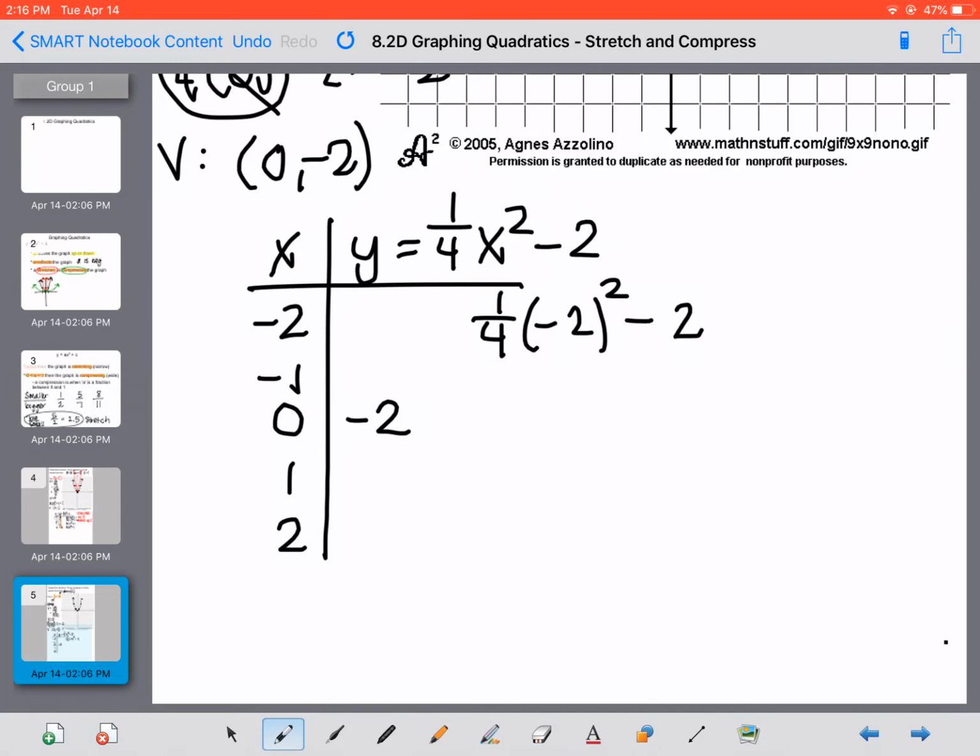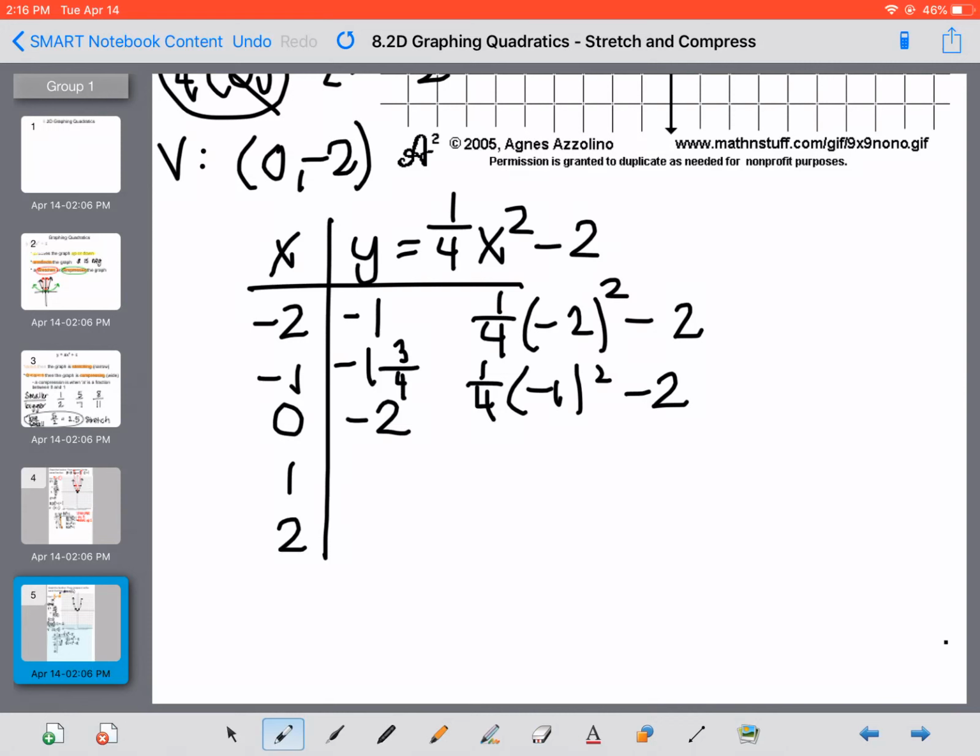Well, this is going to give me negative 2 squared is 4 times a fourth is 1, and 1 minus 2 is negative 1. And then I do 1/4 times negative 1 squared minus 2. Negative 1 squared is 1. 1 times 1/4 is 1/4, and 1/4 minus 2 is negative 1 3/4.